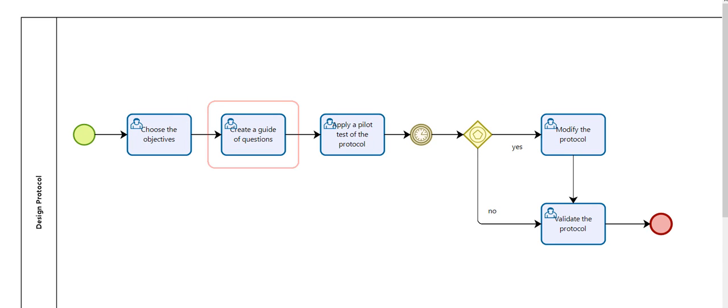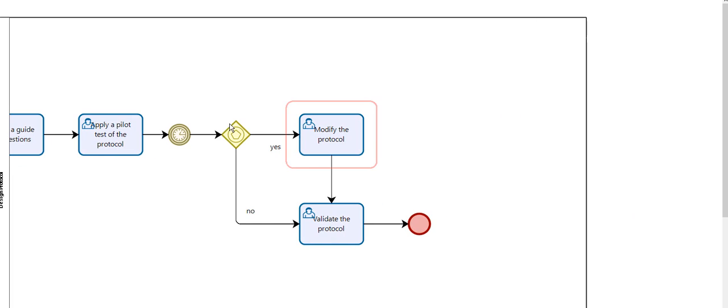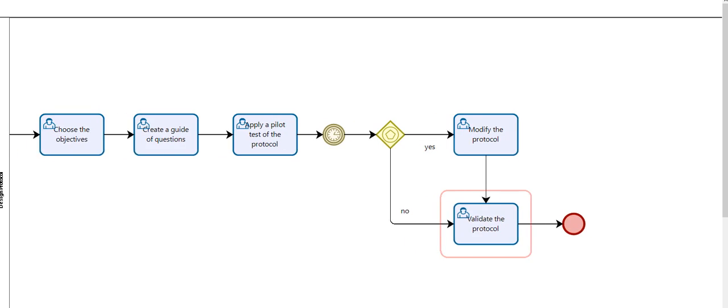You can also apply this as a pilot test to receive some feedback. Okay, this process also will take time, and then with the feedback you can modify the protocol and have it validated and then you finish, or you directly validate the protocol.